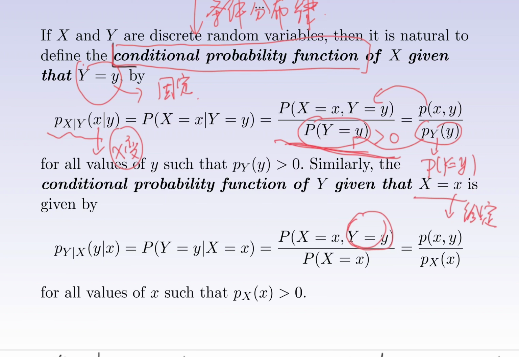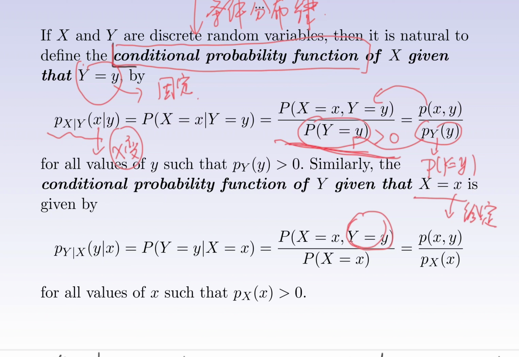If they are dependent on each other, then before they had no relationship, and now they have some relationship.